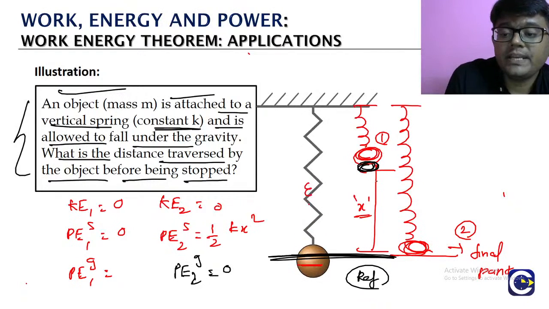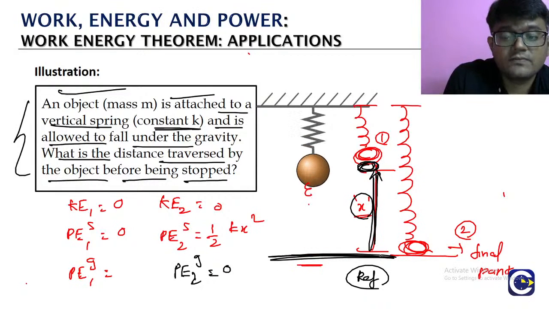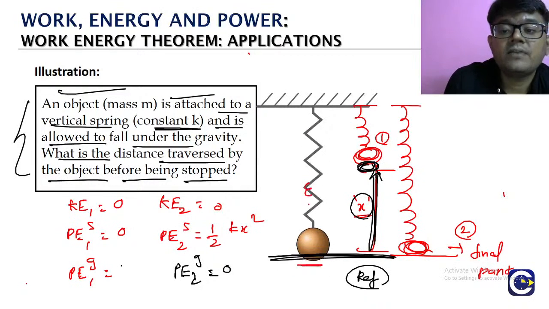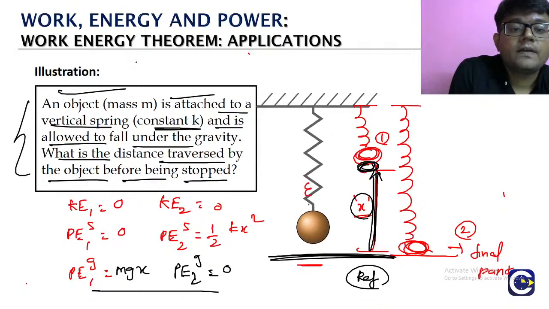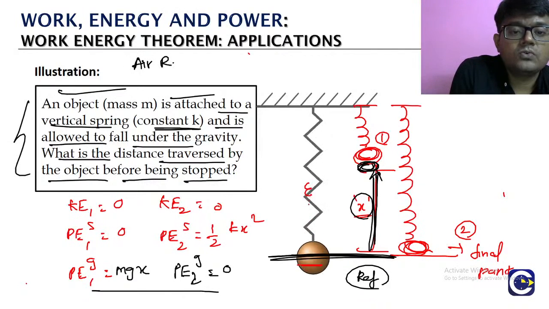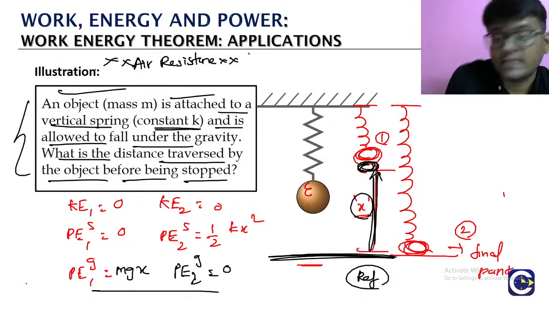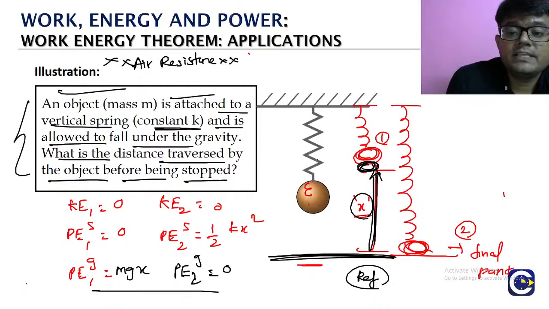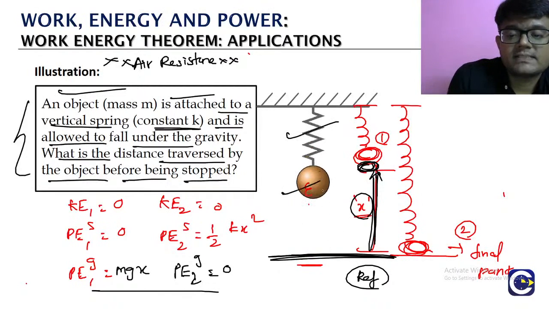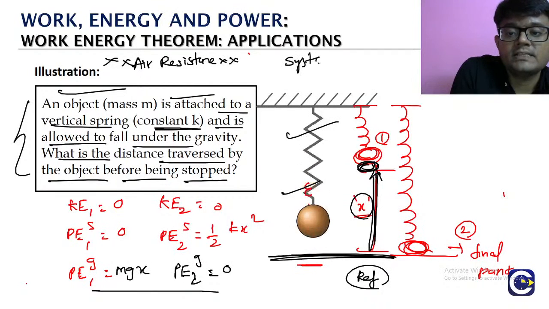Look at the initial point. The initial point is at a vertical height x from the reference. So the initial gravitational potential energy of the mass is mgx. Now here we are going to neglect the air resistance. If you consider the spring and the mass together, that is what we technically call a system.